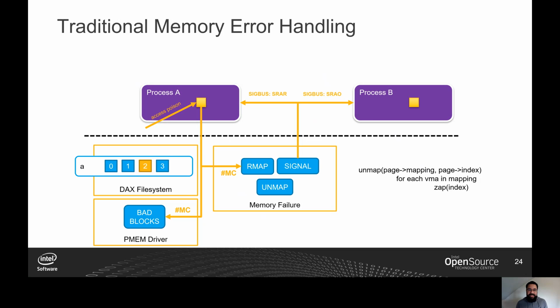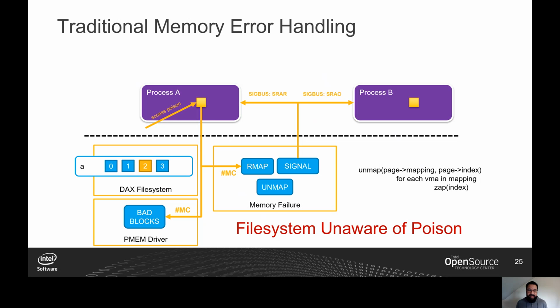Process A gets an action required signal because it actually consumed poison. It actually has a data loss event that it needs to handle. Process B is notified that you haven't accessed it yet, so you don't need to take any action, but you have poison in your address space. Be careful. Most applications just get the SIGBUS and exit, but some applications actually take different actions based on SRAR versus SRAO.